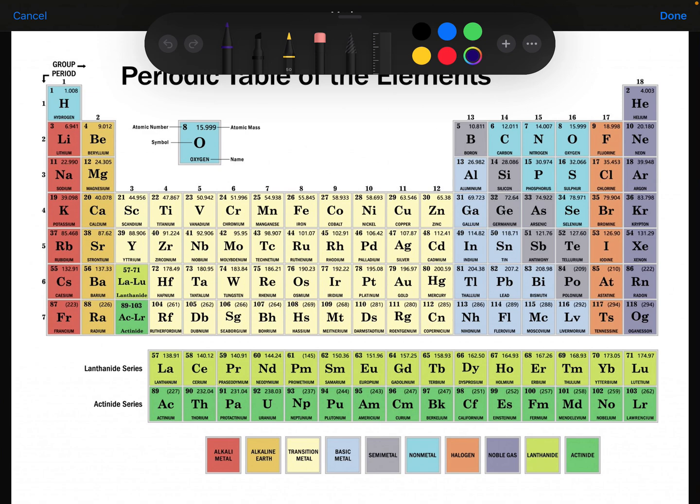Each period, denoted by the rows 1, 2, 3, through 6, 7, denotes the number of shells or energy levels found for an atom. So hydrogen is going to have 1 energy shell, 1 level. Germanium is going to have 4.